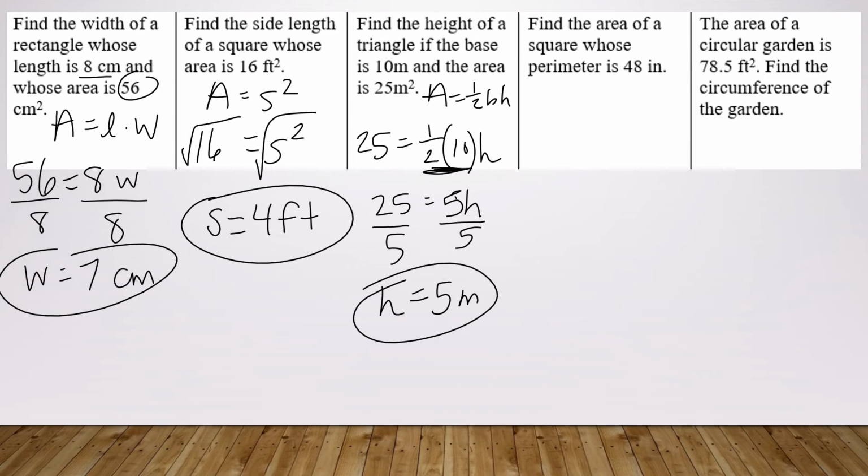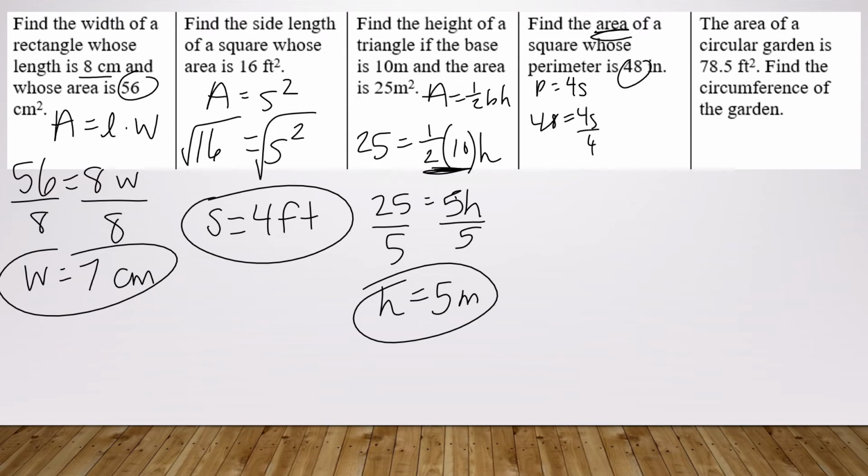For the next one, find the area of a square whose perimeter is 48. Okay, you just can't take that 48 and plug it in to find the area. If we know the perimeter of a square is 48, and we know the equation for the perimeter of a square is 4s, we can plug in this 48 for P to figure out what our side is, or what our sides are.